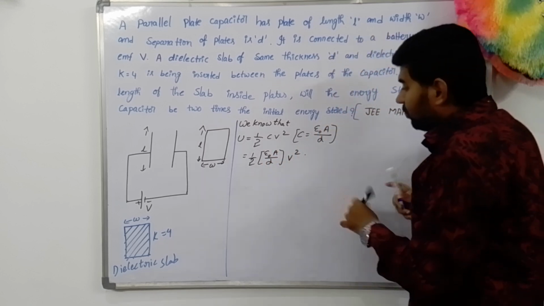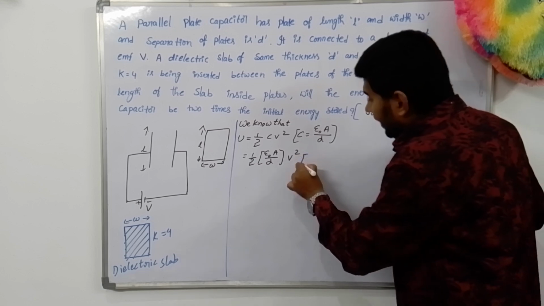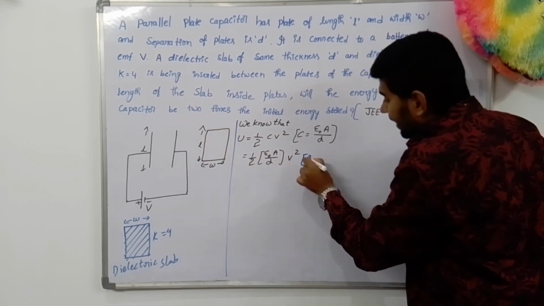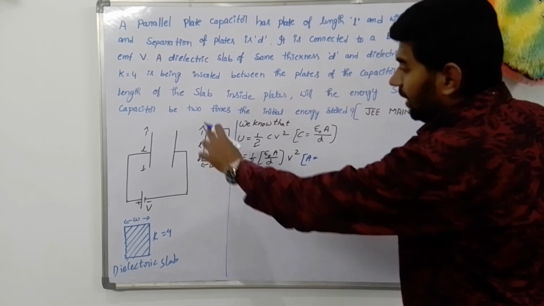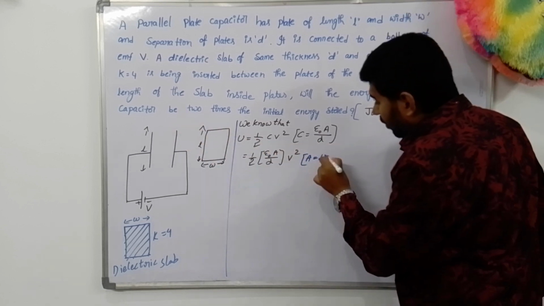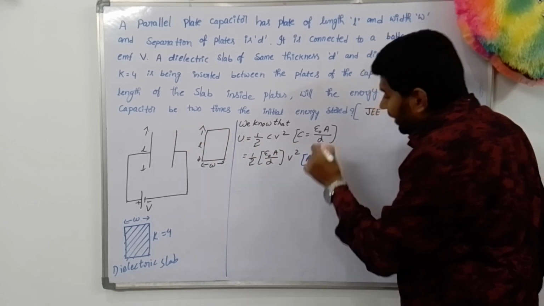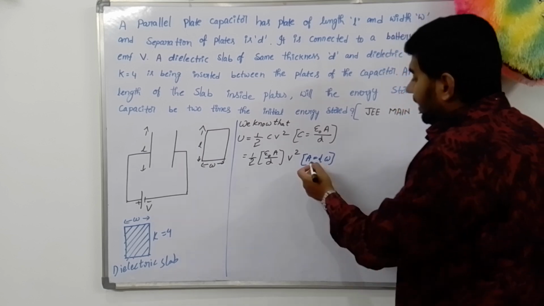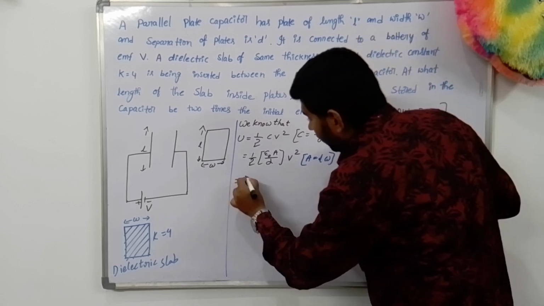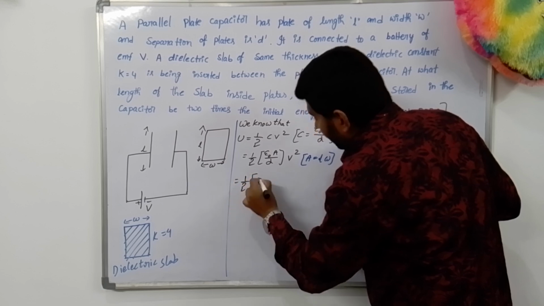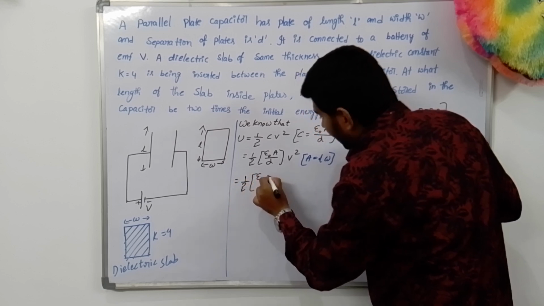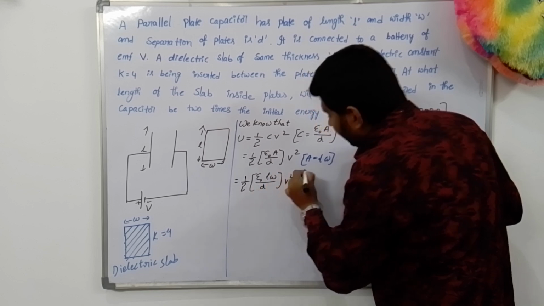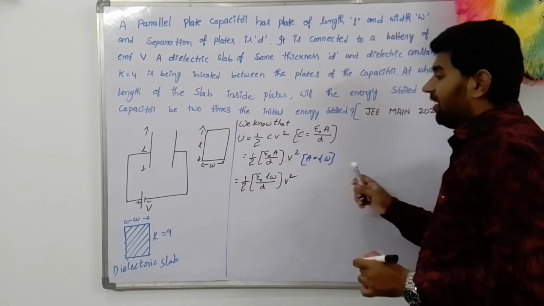And from this, what is the A formula? Area of the plate before inserting the dielectric. A is equal to length into breadth. Here the length of the plate is L. What is the breadth here? W. Area becomes length into breadth, area will be LW, multiplied with epsilon naught A, LW by D, multiplied with V square.